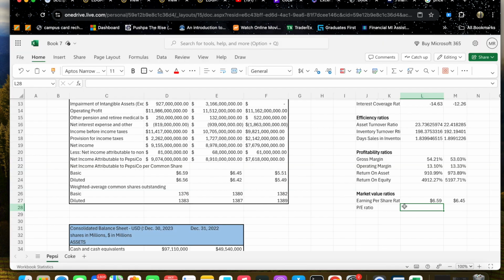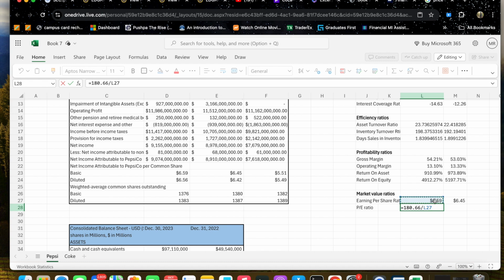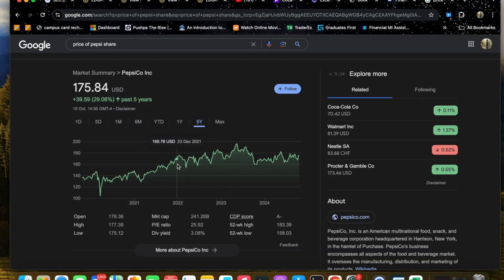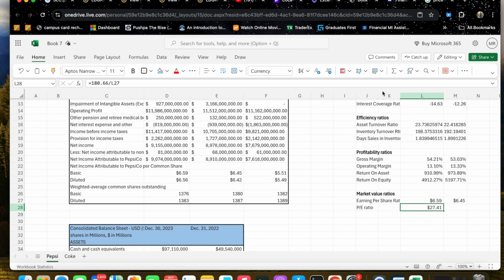Simply get the price 180 and divide it by the earnings per share, which is given, 6.59. Let me put the equal sign, yeah, and that's it. It gives us the PE ratio. The lower it is, the better it is. And simply the price of 2022 is 173. Here you go.